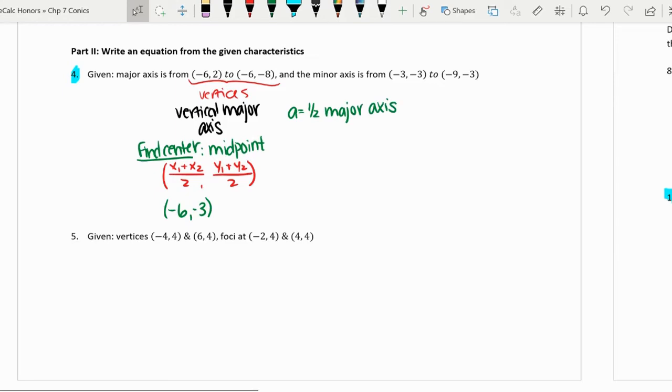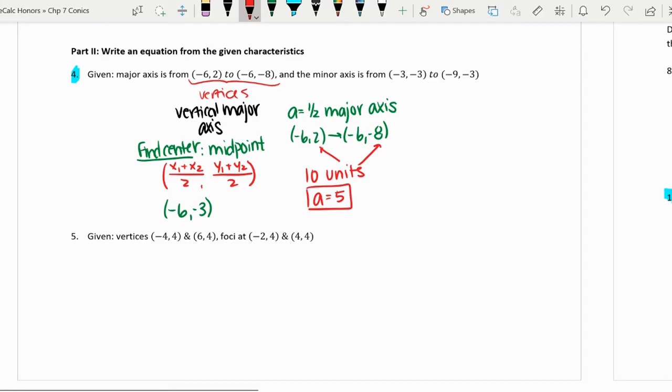For these problems in this section, it's always going to be vertical or horizontal. So from (-6, 2) to (-6, 8) is just how far apart 2 and 8 are. And these are 6 units apart, so A is half of that, which is 3.